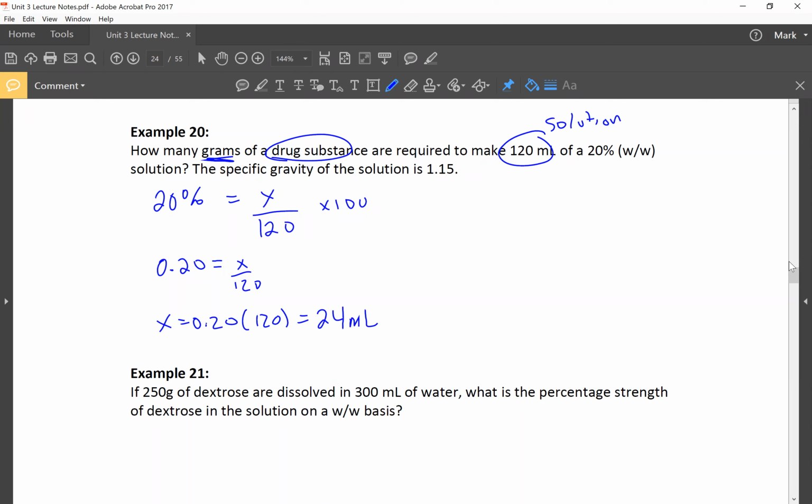Okay, that's key. Now, if you're wondering, how did I know that was milliliters? It's because this up here is milliliters. The unit is based on what you enter in the question. So obviously, I'm not answering this question if it's asking for grams.